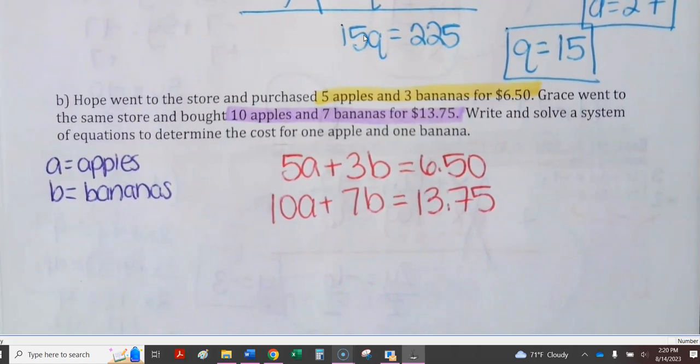Okay, now, I look at this. We got 2 unknown variables, so we have to have 2 equations, which we've got, so we can solve. Would the apples be easier or the bananas be easier if you're looking at this system to solve for? Okay, what would you do to solve for it?